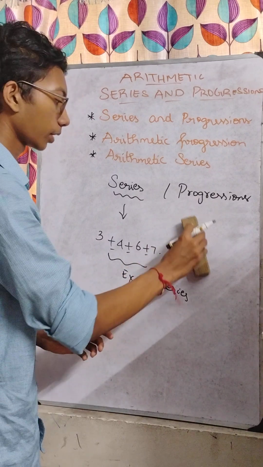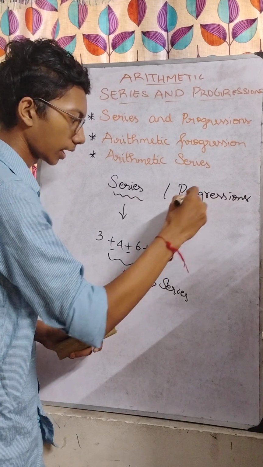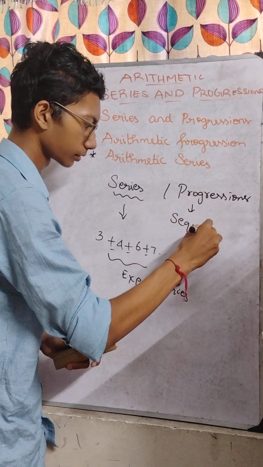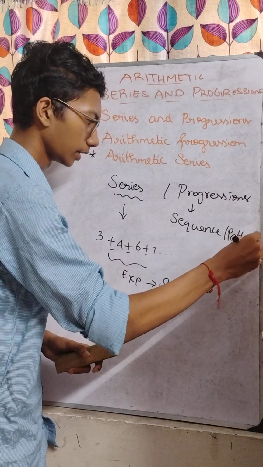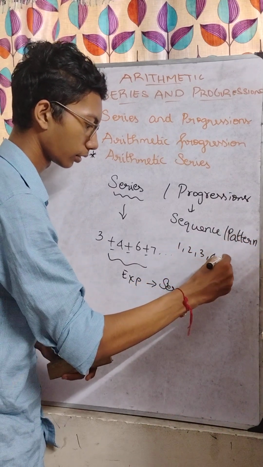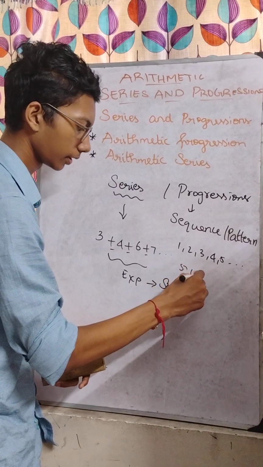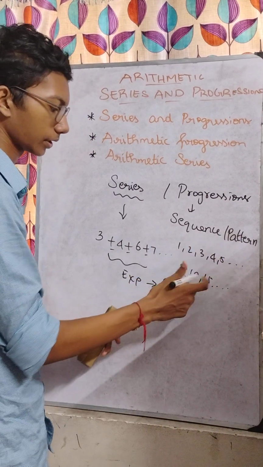Now we will see what progression is. Progression is otherwise called a sequence or a pattern. It can be any pattern. It can be 1, 2, 3, 4, it can be 5, 10, 15 and goes on. All these are patterns.